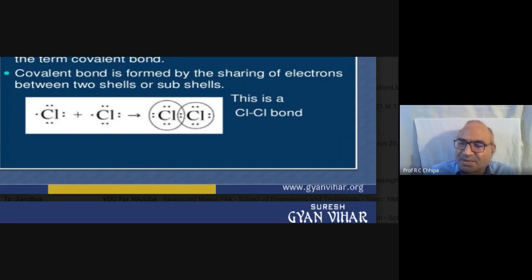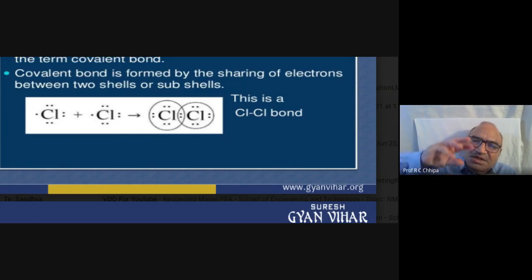7 electrons in the outermost shell or subshell. Quantum numbers can represent the position of the electron. So how are these 7 electrons arranged in the outermost shell or subshell? The shell number is the principal quantum number, represented by n, and the azimuthal quantum number, represented by l, gives the subshell.